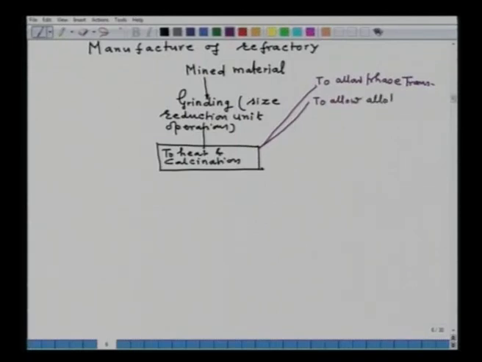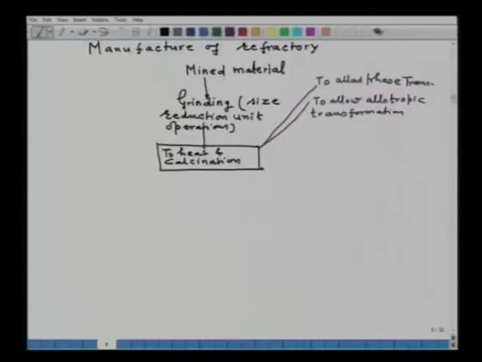Another objective of this heating and calcination is to allow allotropic transformation. Now, remember, these allotropic transformations are also accompanied by volume change, and there are certain materials which have a very high volume change. If those allotropic transformations are not taken care of during the production stage, then those transformations will occur at that temperature.